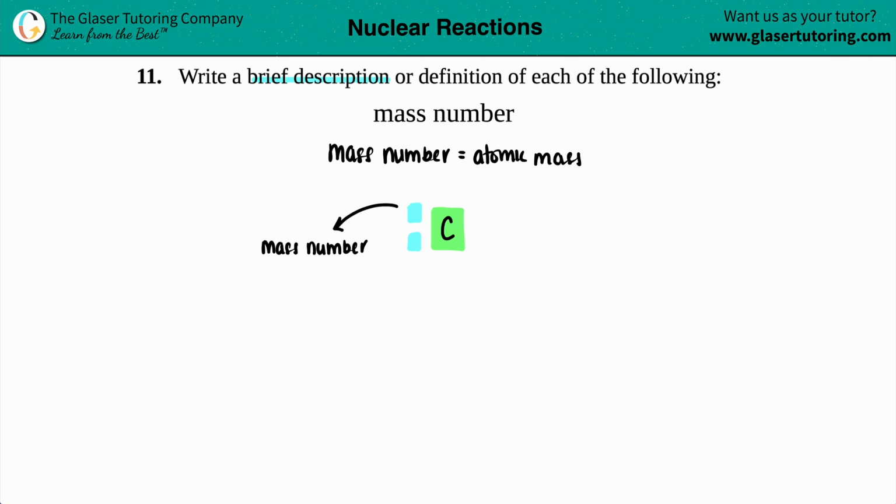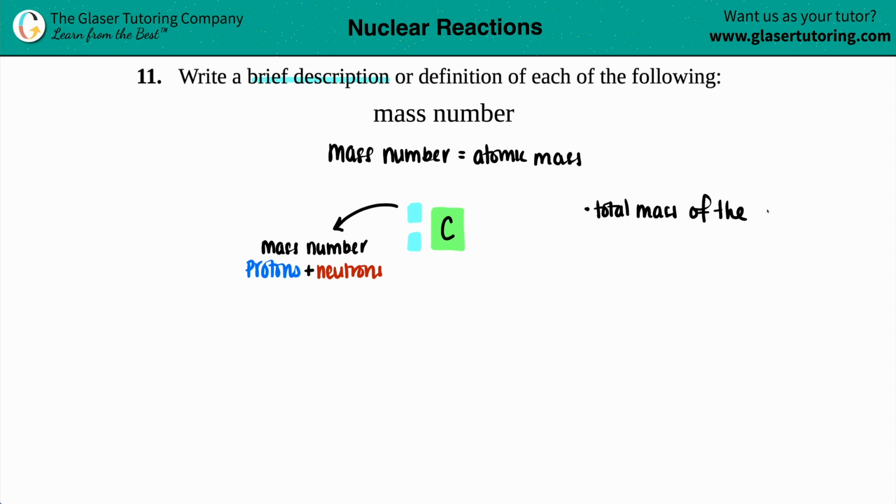The mass number is the number of protons plus the number of neutrons. And the mass number is basically the total mass of the nucleus, because protons and neutrons are in the nucleus.